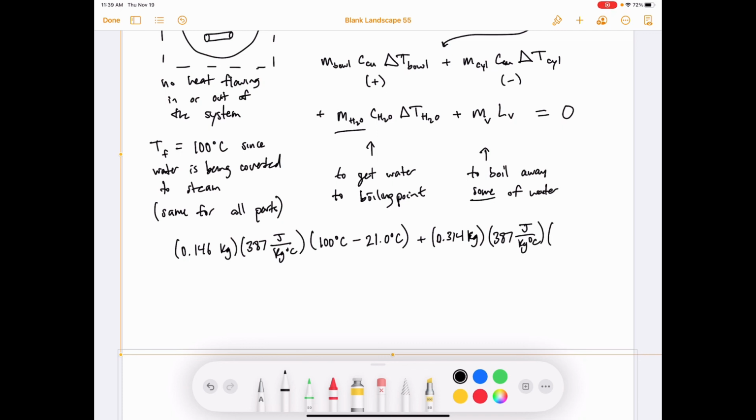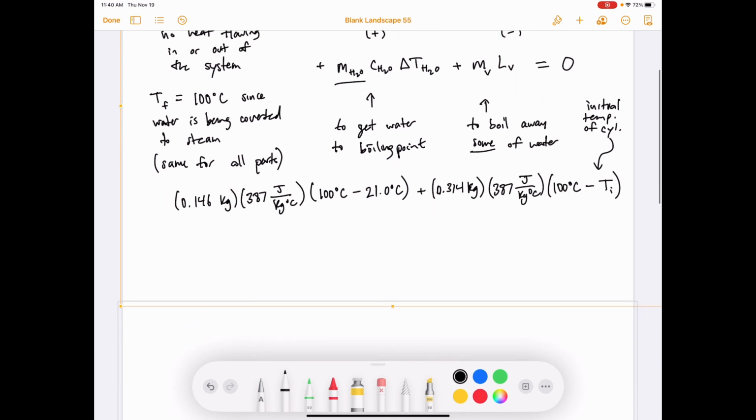Now, what's the temperature change of the cylinder? Well, T final is 100 degrees Celsius, like everything else in the system. But T initial, we don't know. So I'm actually going to leave that as a variable. So this is the initial temperature of the cylinder. We don't know what that is, so it's a variable T initial.